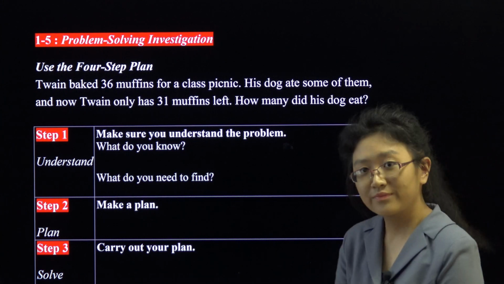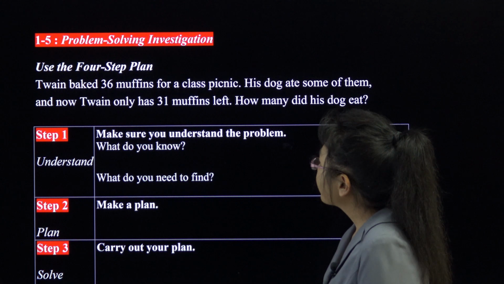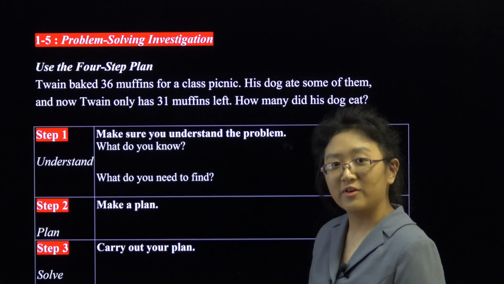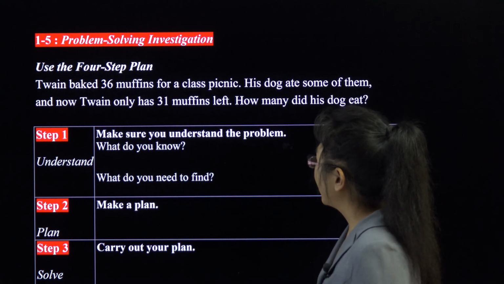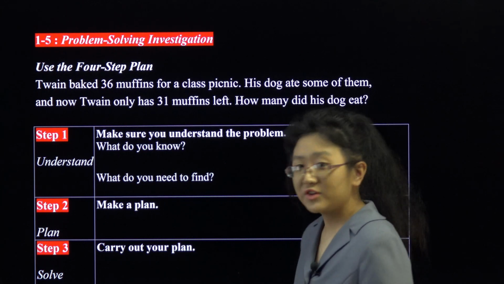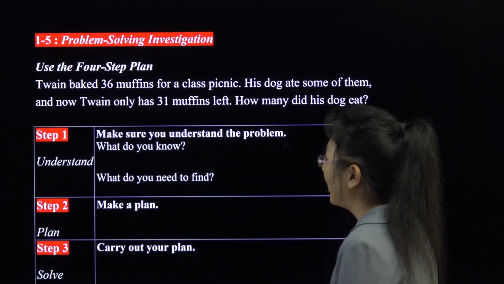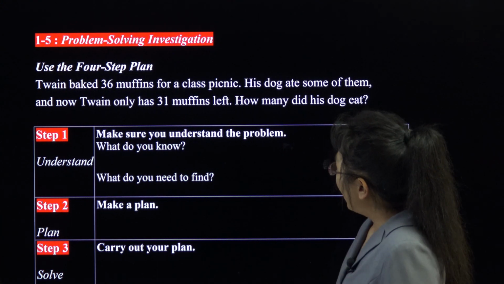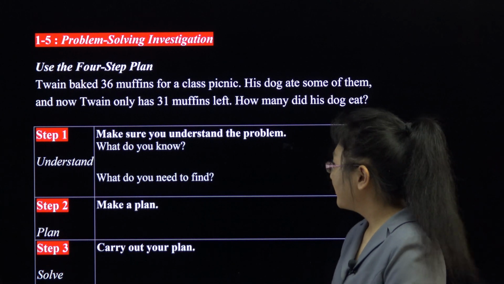So what do we know? We know that the initial number of muffins, or the number of muffins he started with, was 36. We also know that this guy is named after a famous author, but unimportant detail. And we also know what he has left.